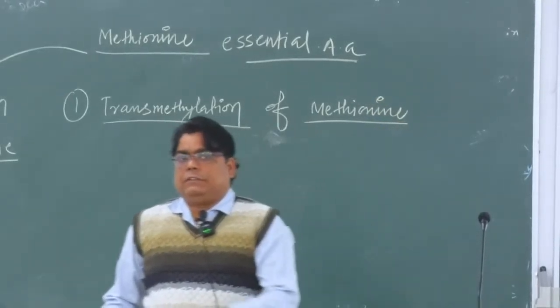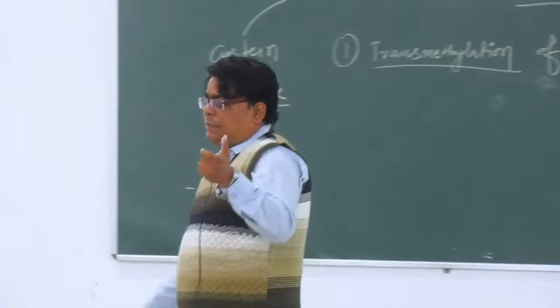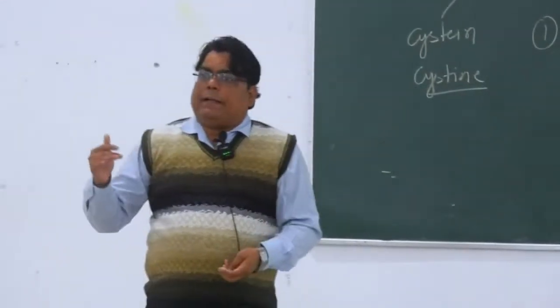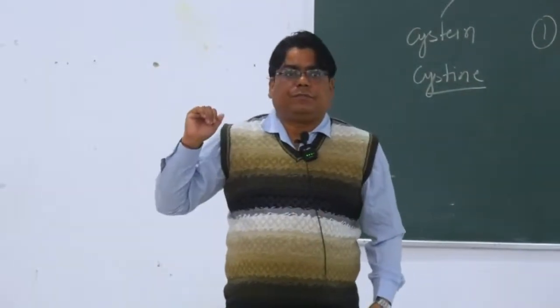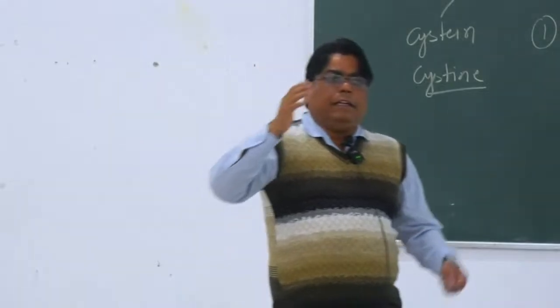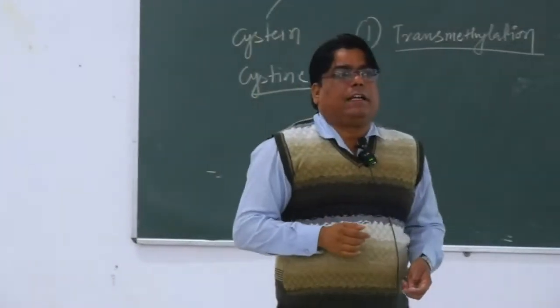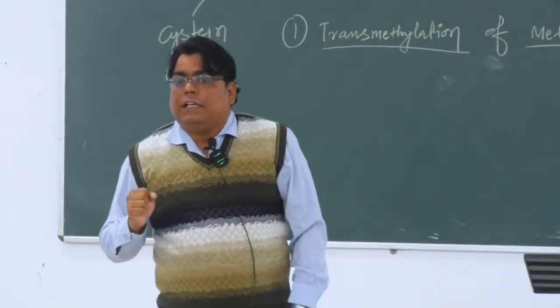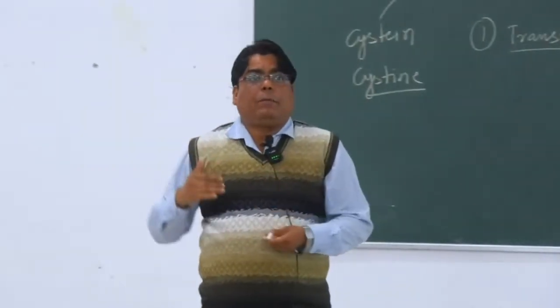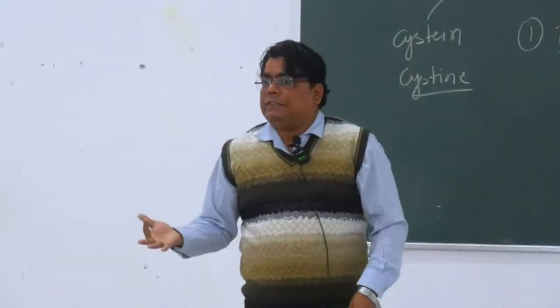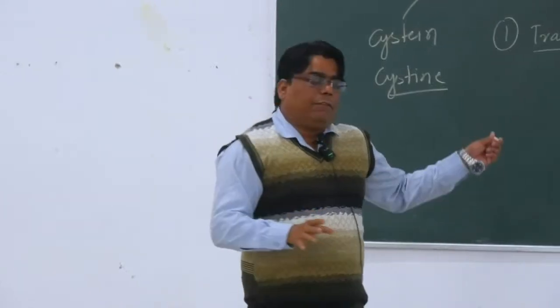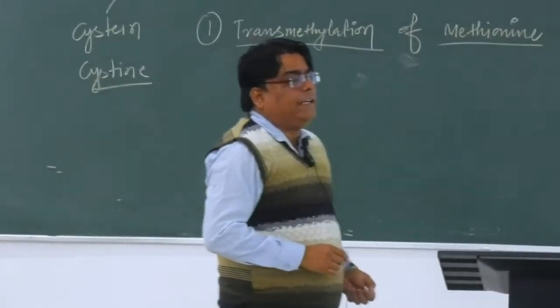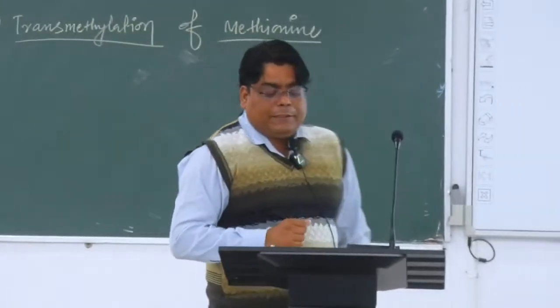Students, this is for your concept: the metabolic pathway is in large sections, large cascade pathways in your book. How will you remember it? Then you can divide this metabolic pathway majorly into 3 or 4 points. The first point of sulfur containing amino acid is transmethylation of methionine.